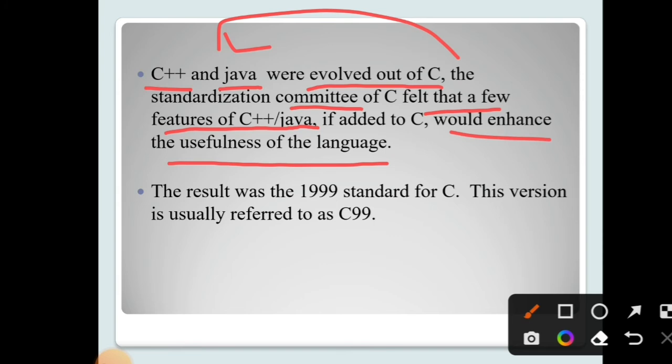The result was the 1999 standard for C. This version is usually referred to as C99.